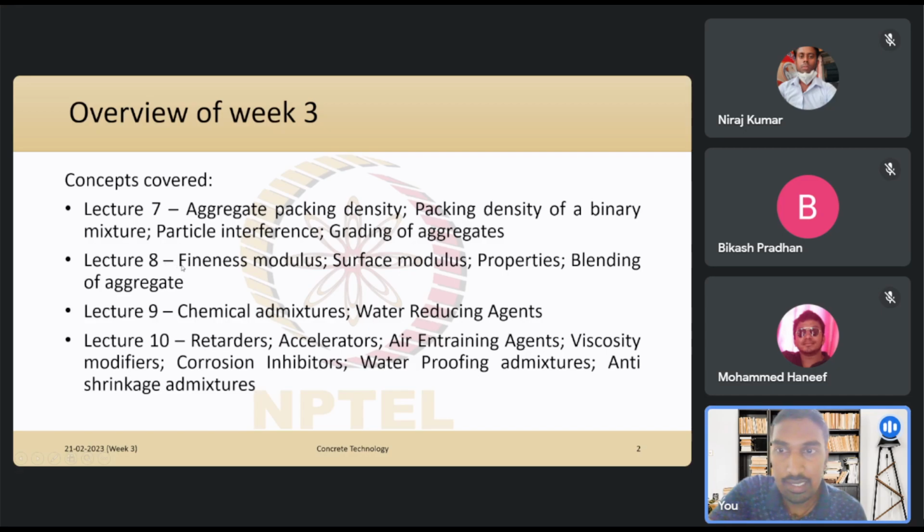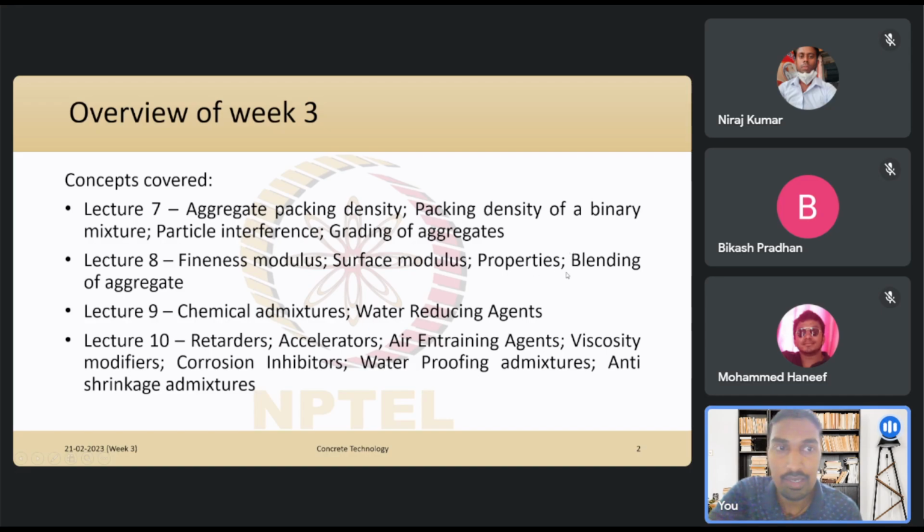And in the second lecture we looked at fineness modulus and surface modulus, right? Based on the proportions of the different size aggregates, we come up with 2 different moduli. One is the fineness modulus, and another one is the surface modulus. And then we looked at different properties of the aggregates, and the tests that we do for determining those properties.